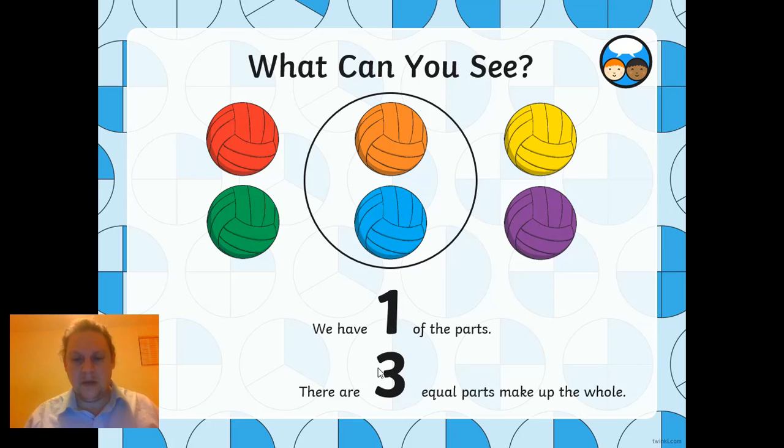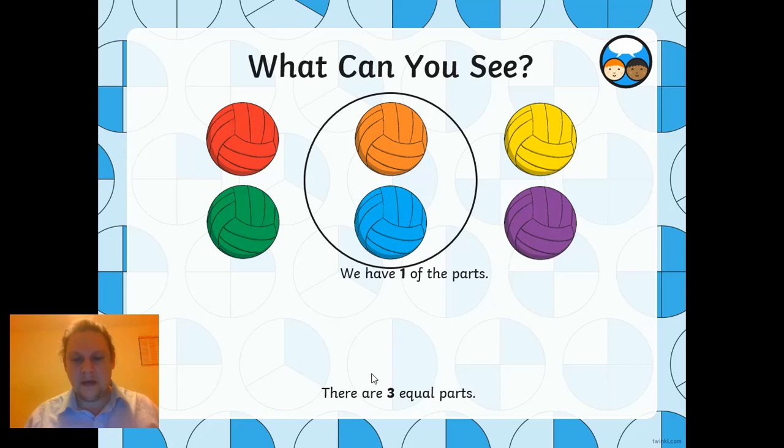Remember that the denominator down the bottom tells us how many groups make up the whole. How many groups make up the whole? How many parts make up the whole? And then this tells us what are we interested in? We're interested in 1 of those parts. Just 1 of those 3 parts that make up the whole.